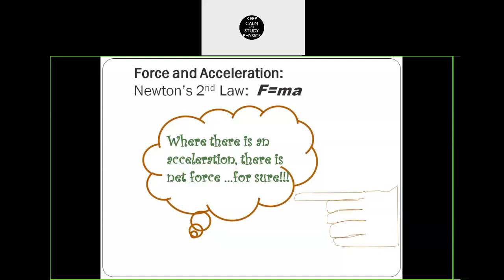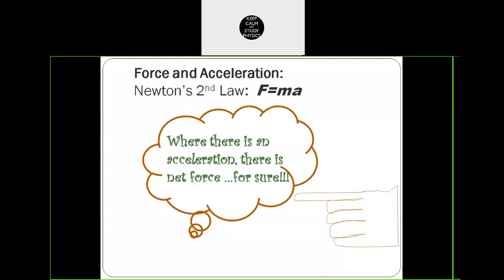And who is the cause for this acceleration? Which physical quantity is creating acceleration in the body? Force. Very good. So the force which we applied is creating acceleration. When there is an acceleration, there must be some force, because force is the cause and acceleration is the effect in the body.